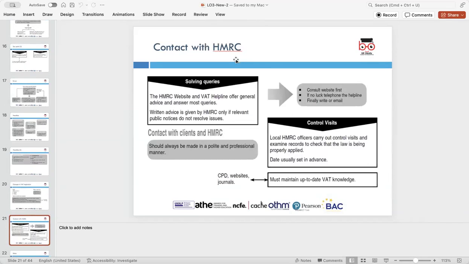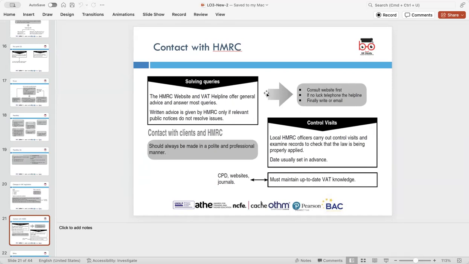Contact with HMRC: solving queries and control visits. HMRC provides general advice and answers to queries through their websites and VAT helplines. Written advice is given by HMRC if relevant public notices do not resolve the query.